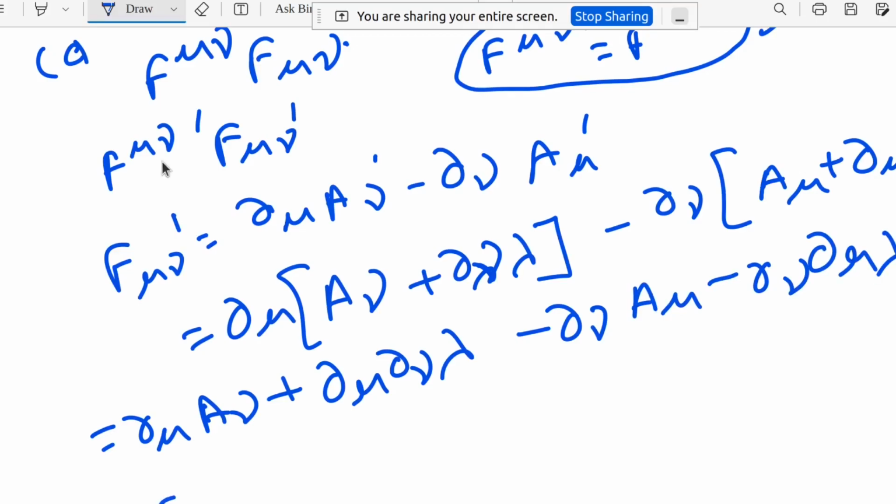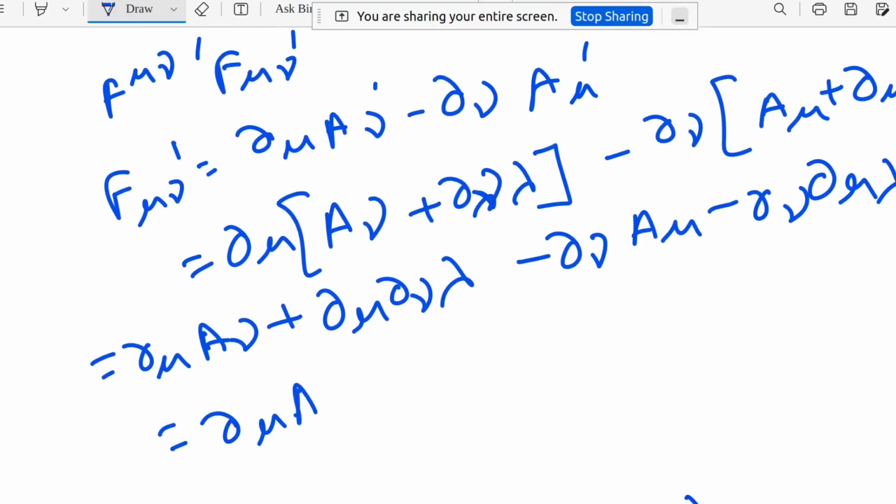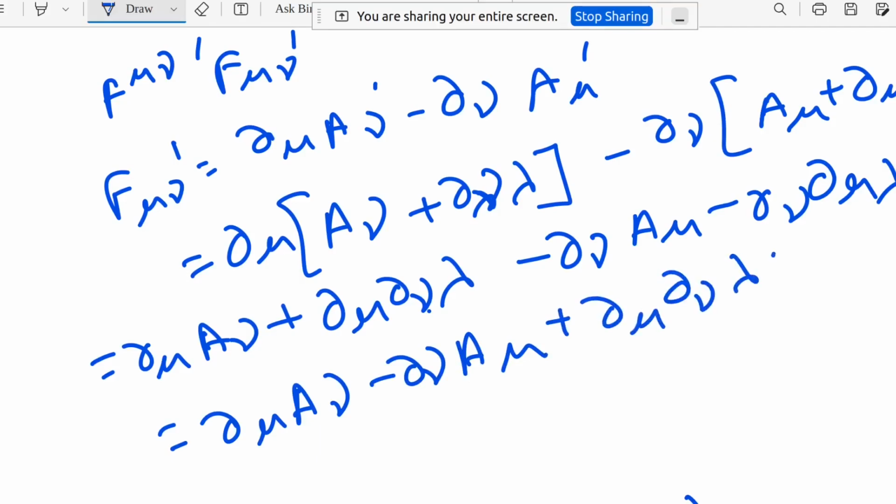So you can see definitely that it will come as del mu A nu minus del nu A mu, and these two will cancel out because these are the dummy indices. So we can write del mu del nu lambda minus del nu del mu lambda. So what is left here? It is like del mu A nu minus del nu A mu, which is F mu nu.